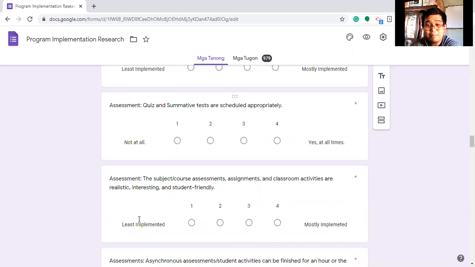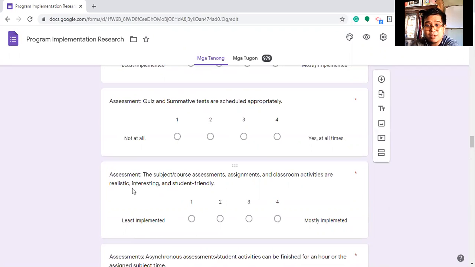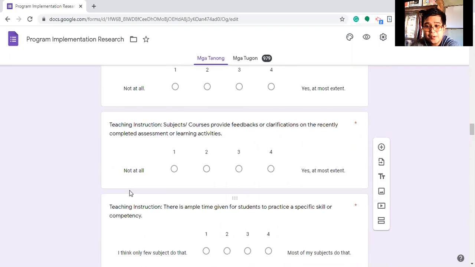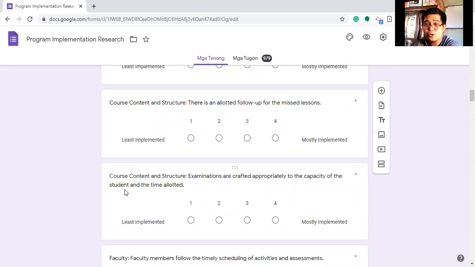So how many parameters do we have here? We have assessment, teaching instruction, faculty, and course content. Ilan ang meron tayo for program implementation? We have 4.